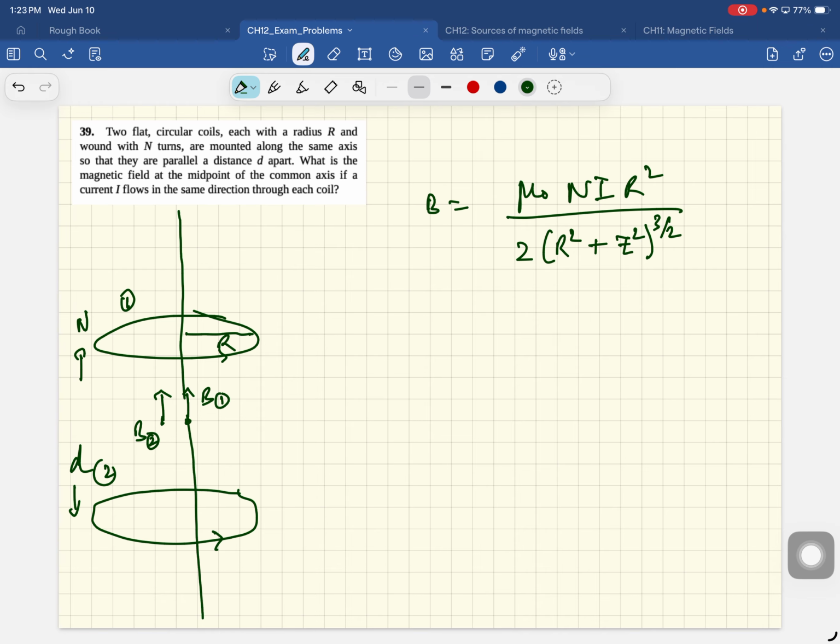So this is 10 to the minus 4, 10 to the minus 1. So 2 times 0.1 divided by 0.25. Okay.